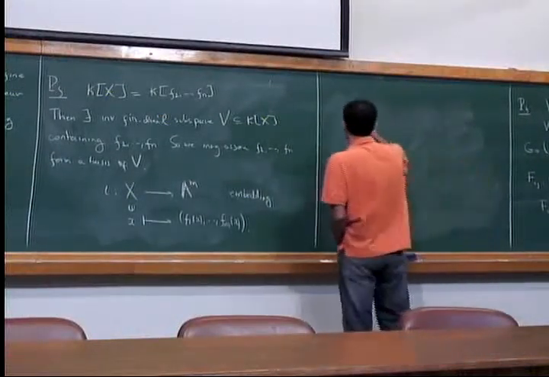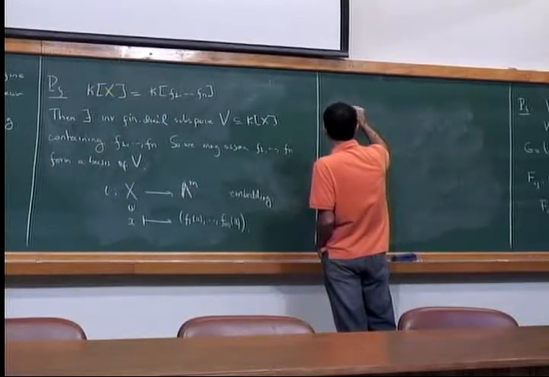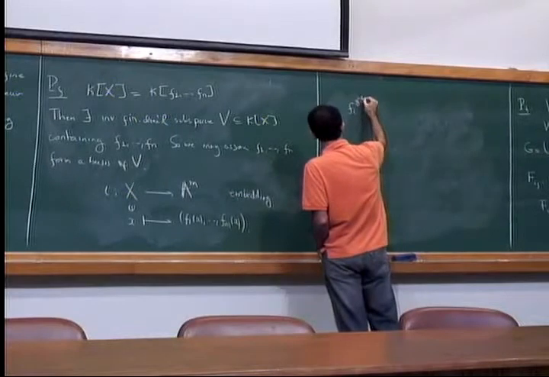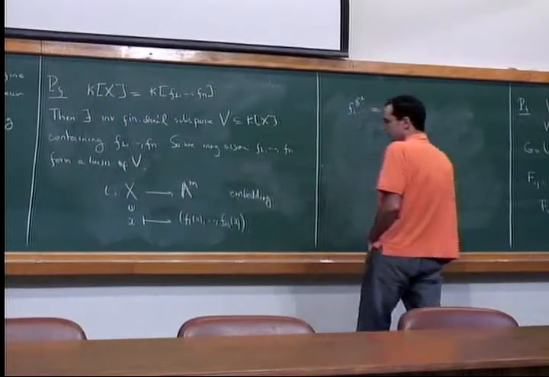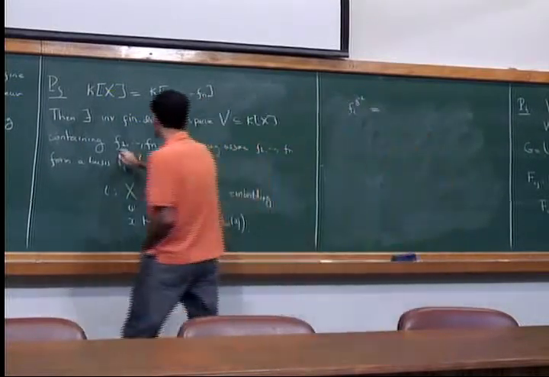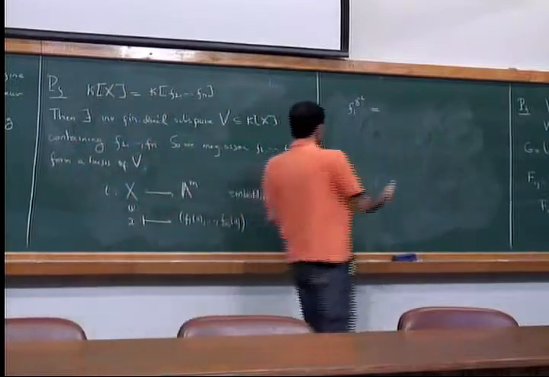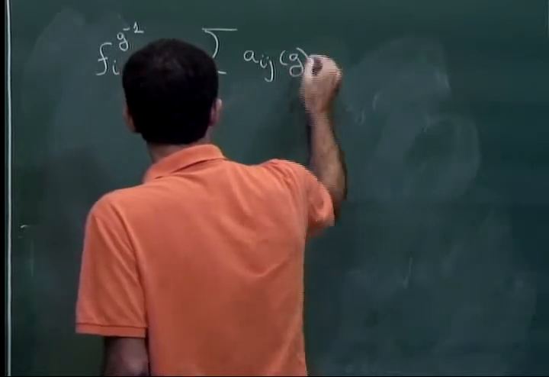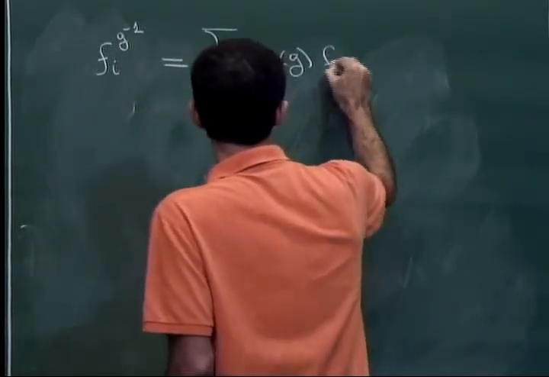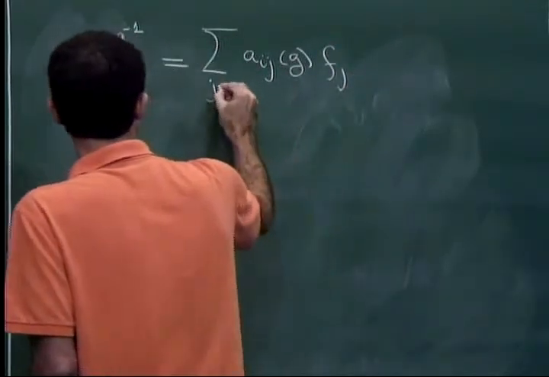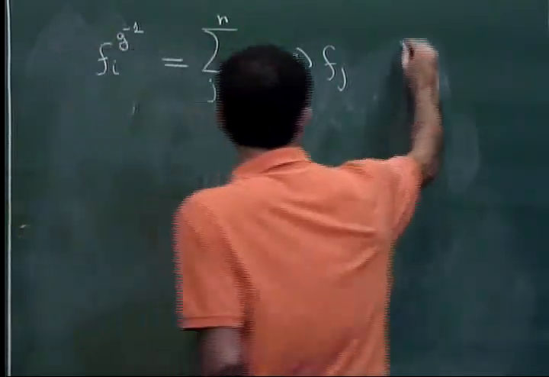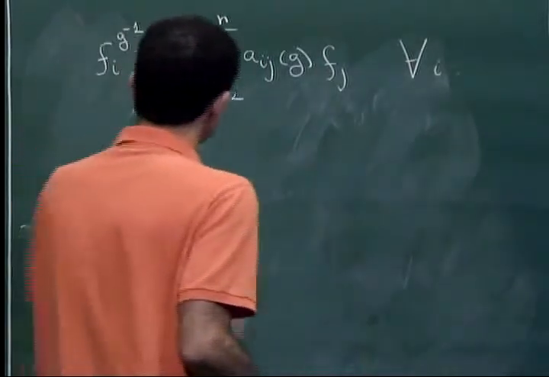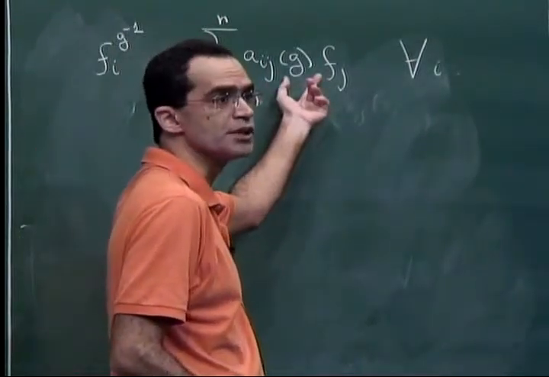So you can write F_i(g^{-1}) as a linear combination of F1 up to Fn. So that's going to be the summation of A_ij(g) F_j, right? Where these A_ij are regular functions on G.